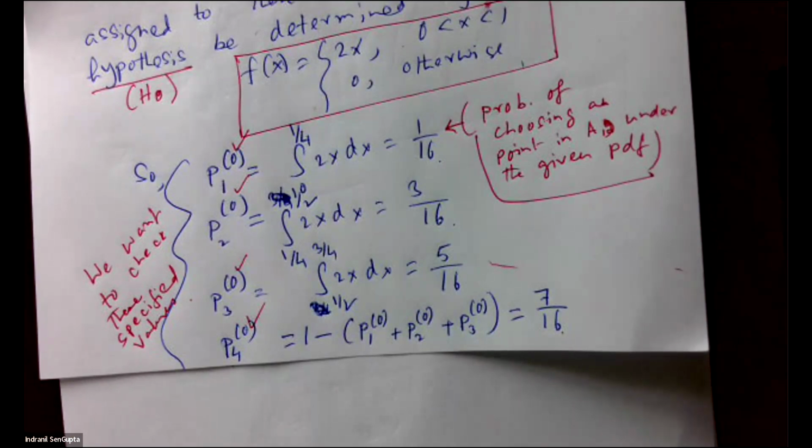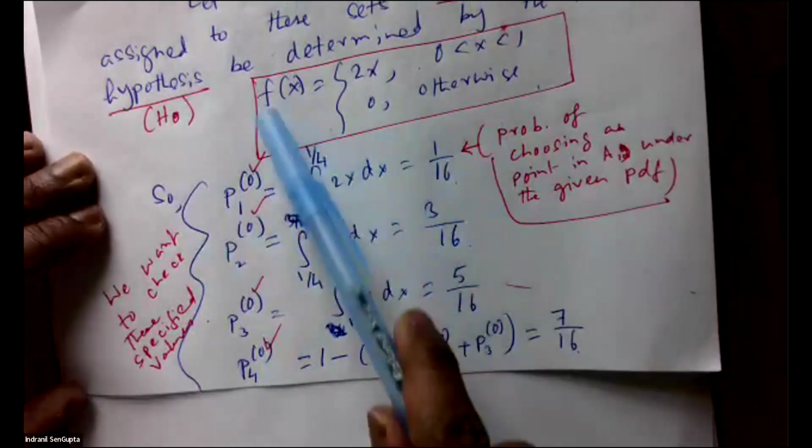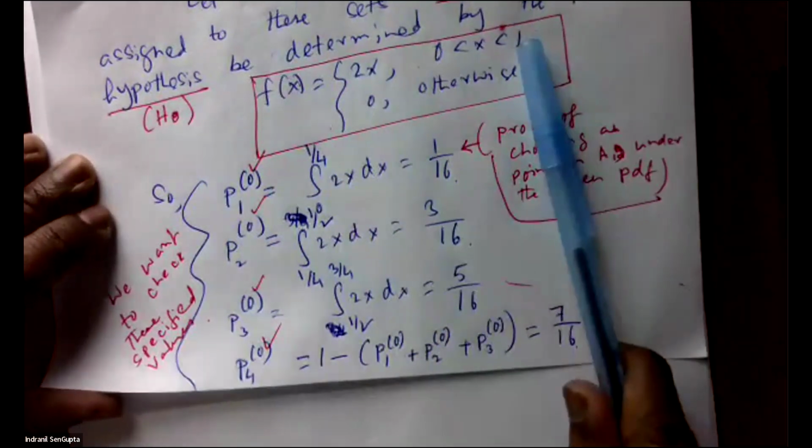Now we'll be checking. If this is true, then we verify the null hypothesis. Now what is the output on the basis of which we are trying to conclude something? So suppose that we are observing 80.